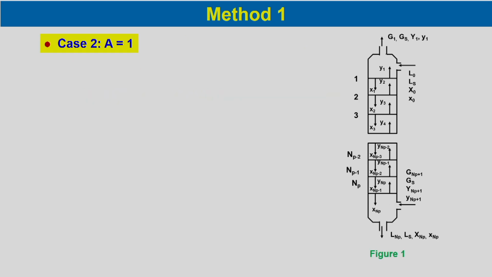Now, for another case when the absorption factor is 1, we will get this equation as y n p plus 1 minus y 1 divided by y n p plus 1 minus m x naught equal to n p divided by n p plus 1.